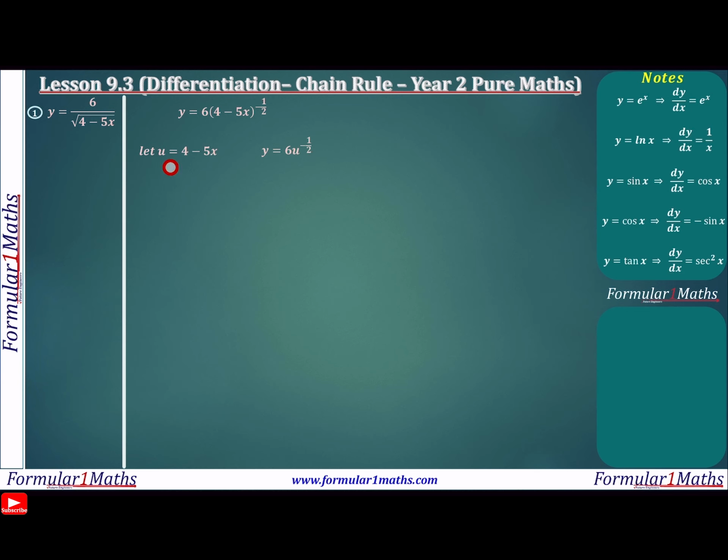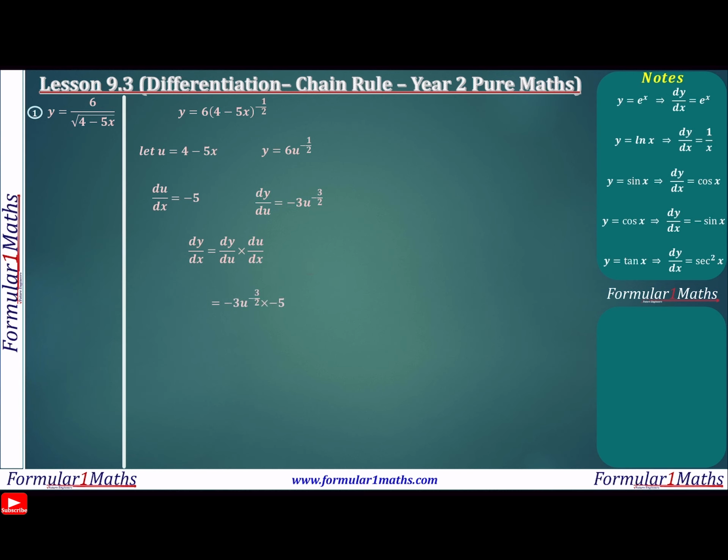Then I'll differentiate u with respect to x, and I'll get du dx as minus 5. And differentiate y with respect to u, and I'll get minus 3u raised to the power minus 3 over 2. And then I'll use the chain rule. That means minus 3u raised to the power minus 3 over 2 replaces dy du, and then minus 5 replaces du dx.